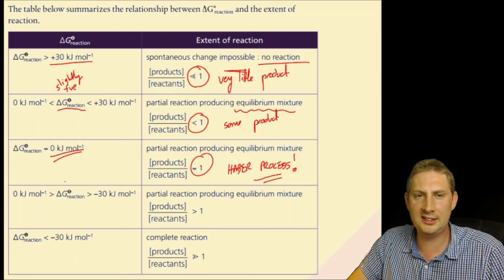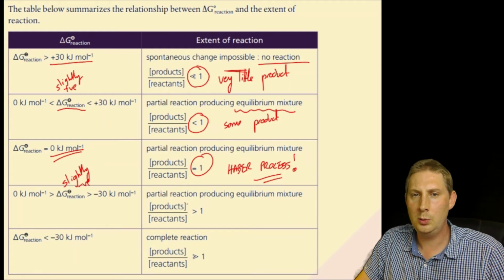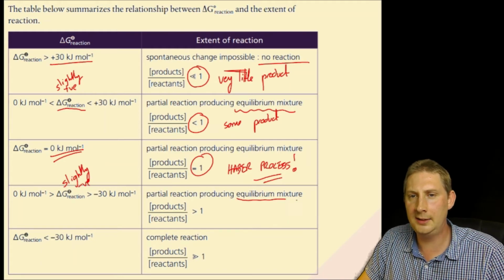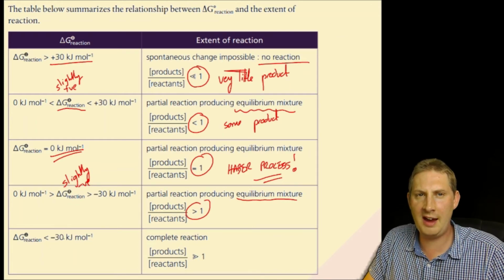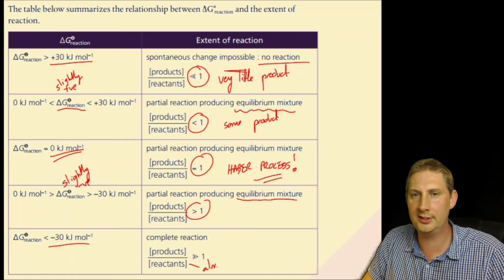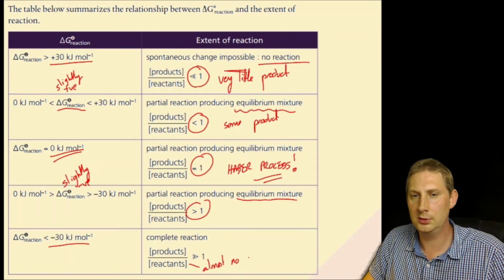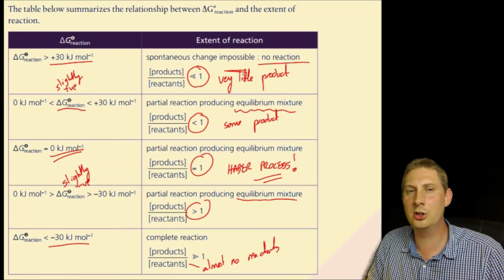If delta G is slightly negative, we get an equilibrium mixture again, but here we get more products than reactants. And if delta G is very negative, so less than minus 30 kilojoules per mole, we get a complete reaction. Essentially, there's almost no reactants. And we would say that the reaction has gone to completion.